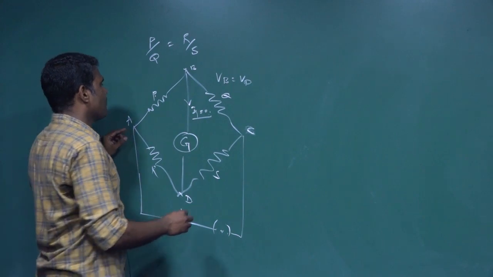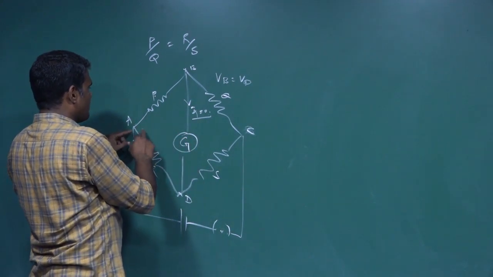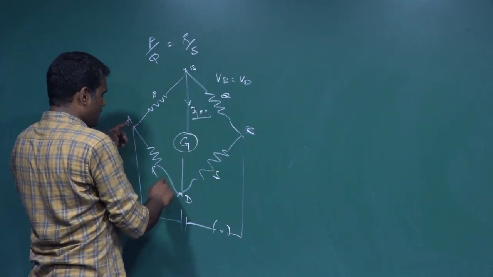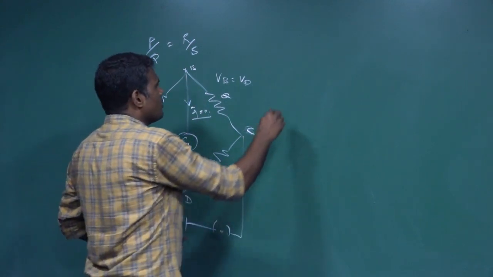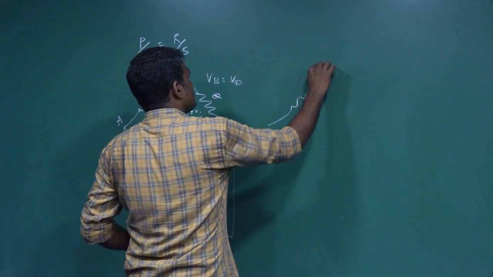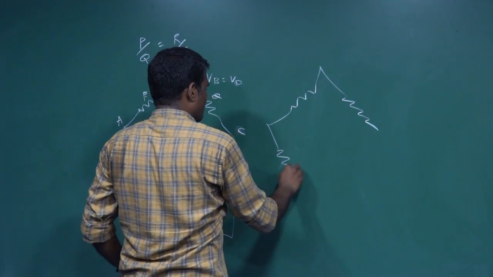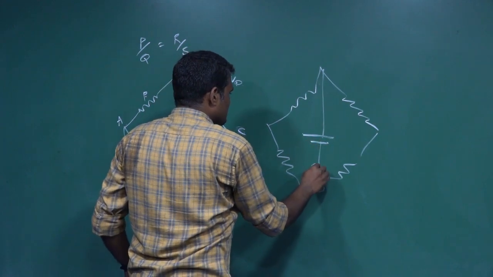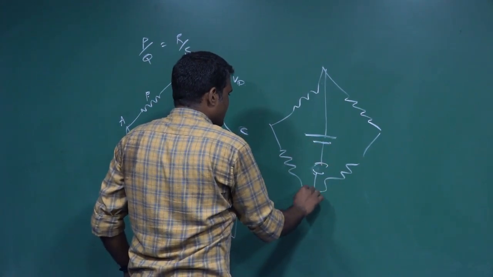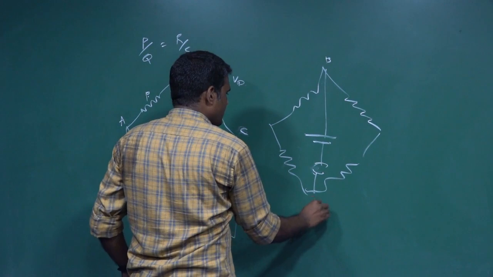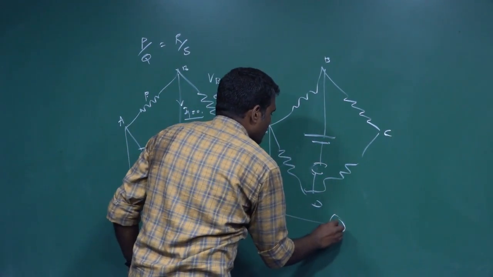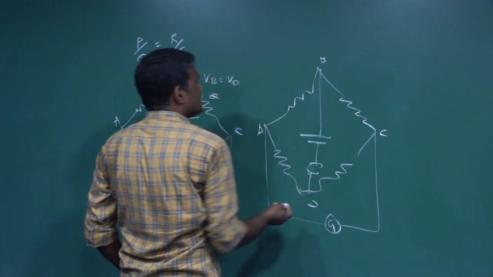How? We can check here. If the galvanometer is taken between A and C and the Leclanché cell is taken between B and D, then the circuit will be like this. I have taken the battery and the key between B and D, and between A and C I have shifted the galvanometer.